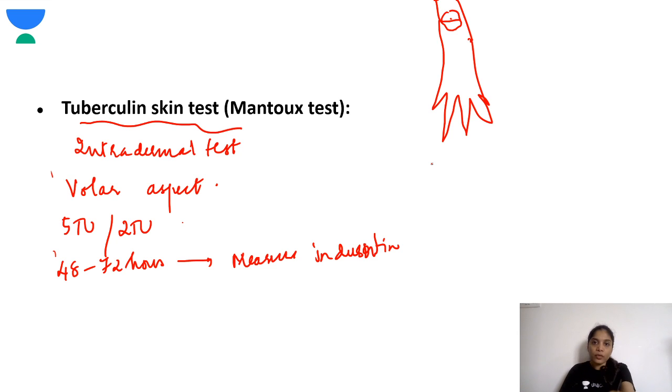So it should be transverse to the longitudinal axis of the arm. Always it should be transverse, not like this. It should be transverse, remember. So the measurement should be transverse.